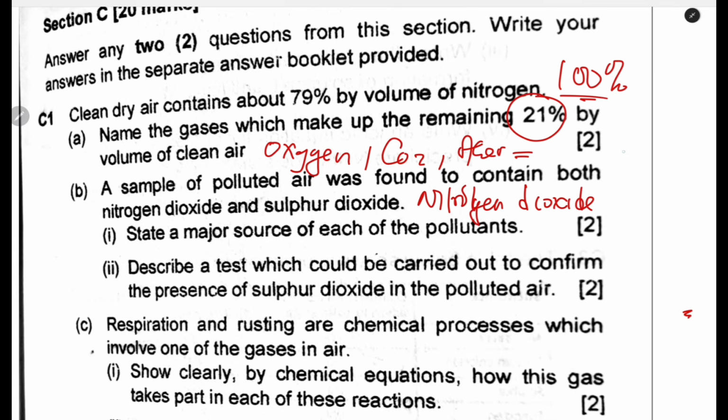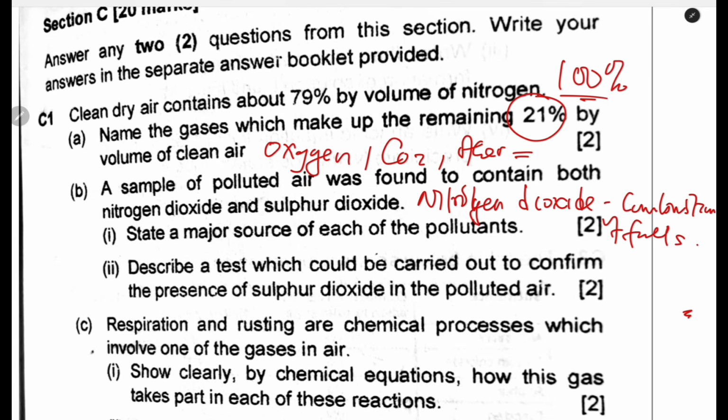For nitrogen dioxide, the major sources, we can talk of car exhaust. Okay, combustion of fuels, in short. So combustion of fuels produces nitrogen dioxide.